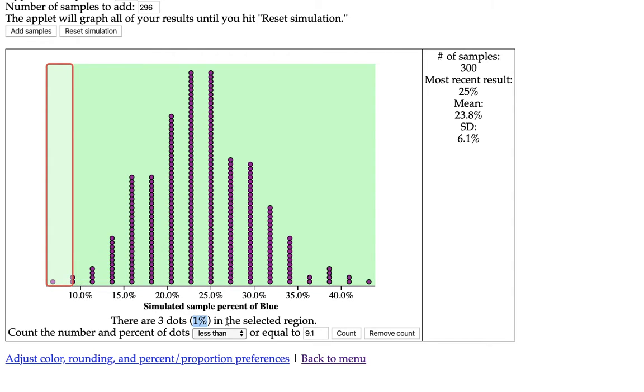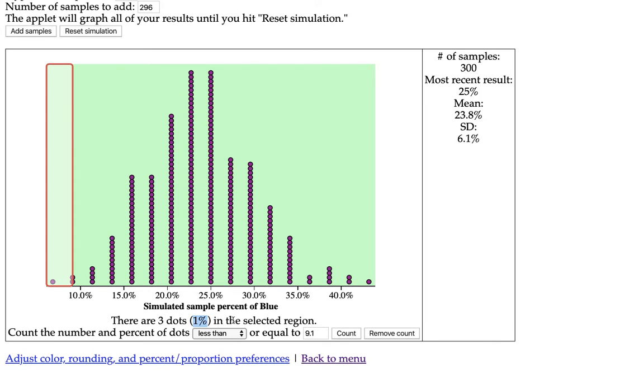This number, 1%, is less than your criteria you established, your rejection criteria, the significance level. 1% is small, which means it's significantly different than what we expected to occur. That's why the 5% is called the significance level.